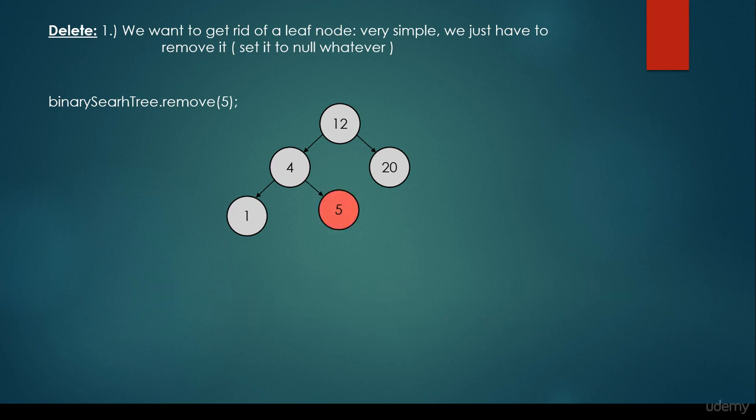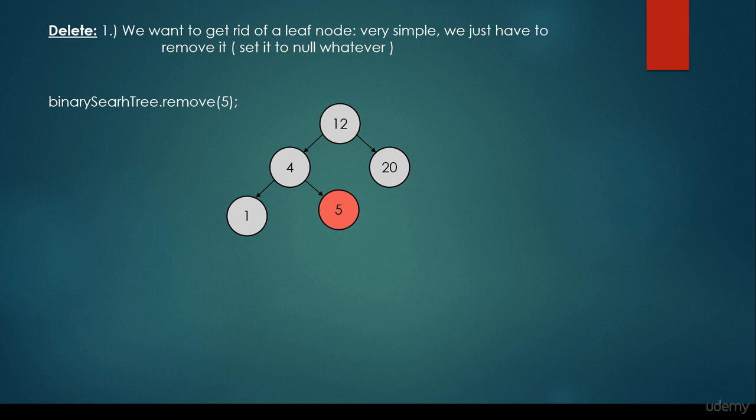What's very important is that in Java, if we set this node 5 to be equal to null, it's not going to work. In C++, we can implement this remove method much more elegantly. But here, because Java doesn't support reference-based method calls, the recursive method call is not going to solve the problem.